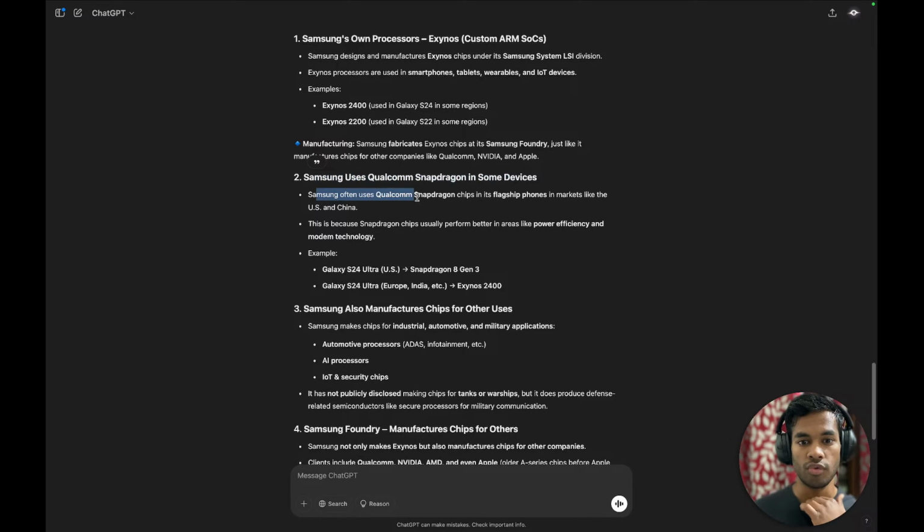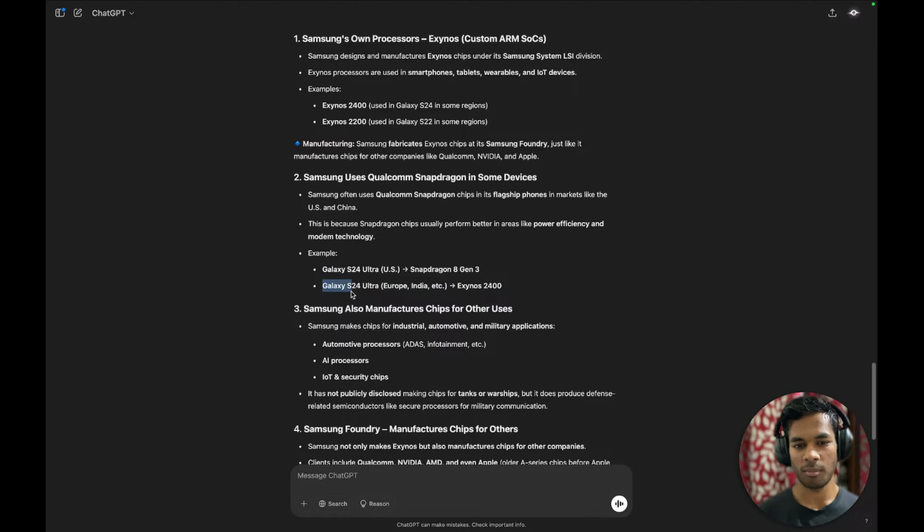Samsung often uses Qualcomm Snapdragon chips in its flagship phones in markets like the US and China. This is because Snapdragon chips usually perform better in areas like power efficiency and modern technology. Example: the S24 Ultra in the US has a Snapdragon chip, but the S24 Ultra in Europe and India has an Exynos chip.